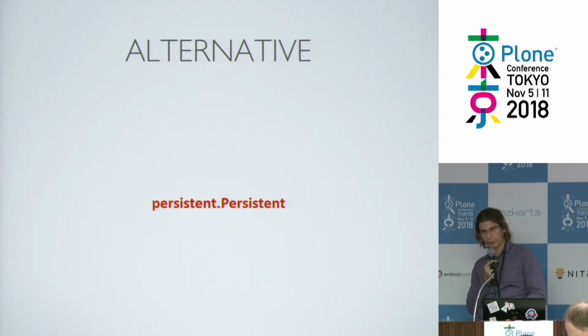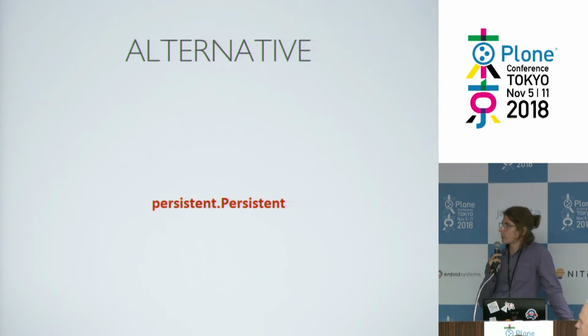So I looked into alternatives, and I found that the easiest way to add something into the ZODB is persistent. I thought it would be a simple item, but simple item is not that simple.